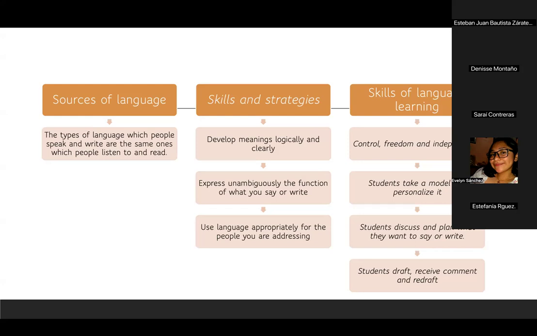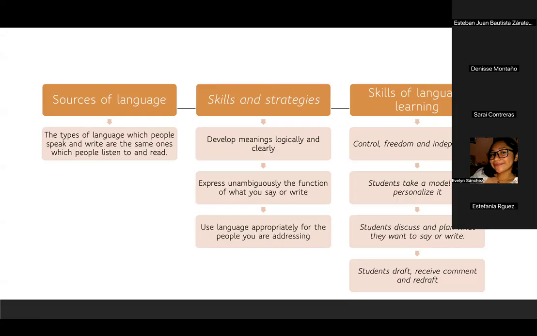That's also the moment in which you are going to introduce some aspects of sociolinguistics, the use of this or that word, and the reasons why the use of those words will be suitable for the context of communication. Then, the other part that says skills of language learning.